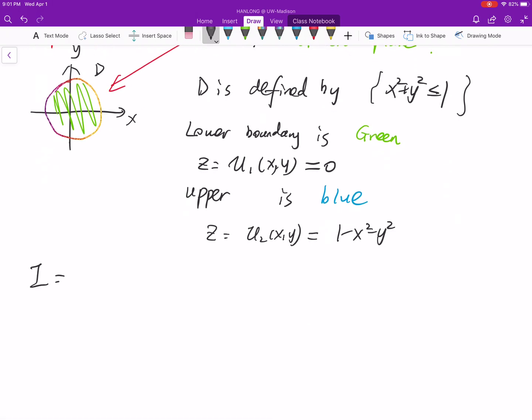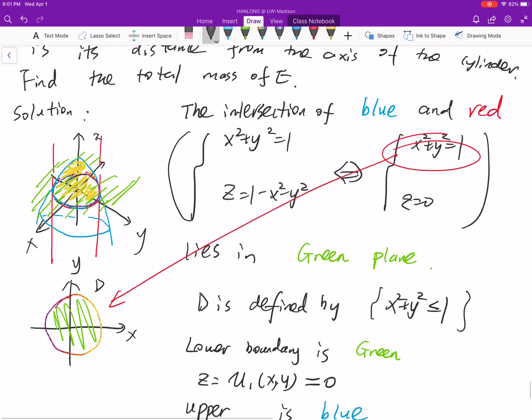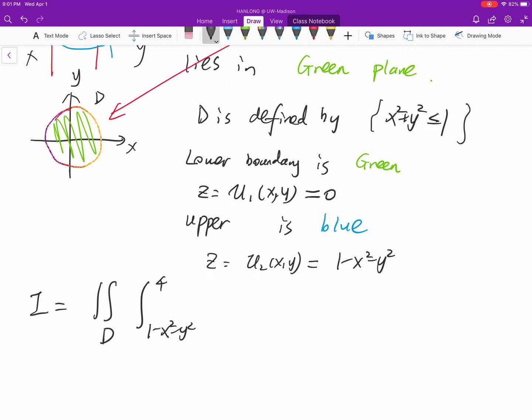Okay, then the integral can be written as an integration over D, and inside you have the z integration. And recall what the density function is. Let's first write down the density function here.